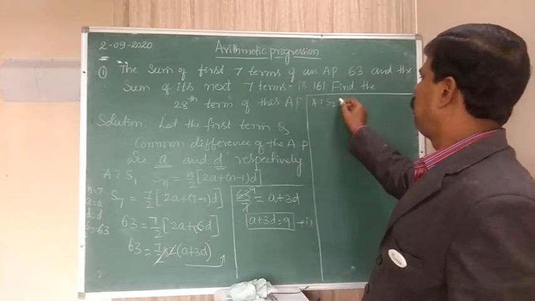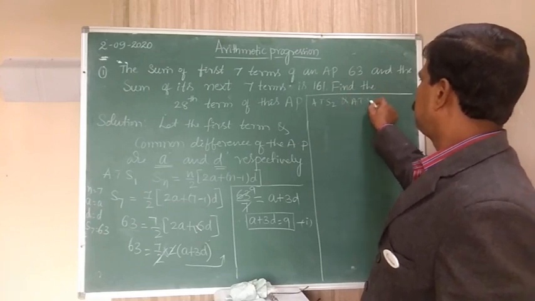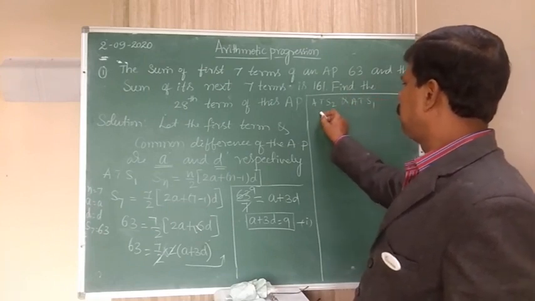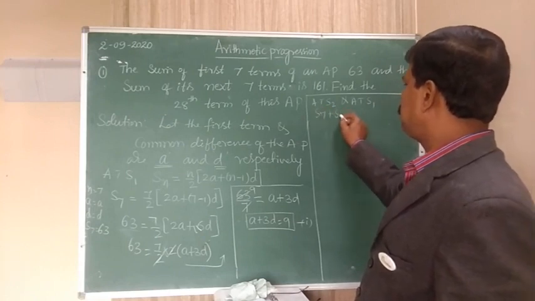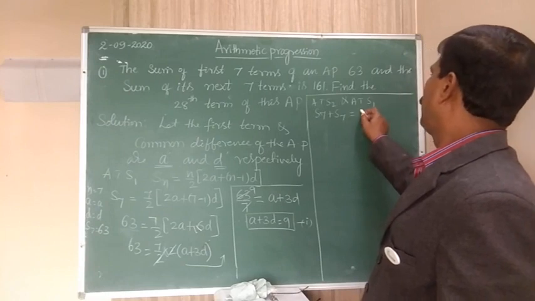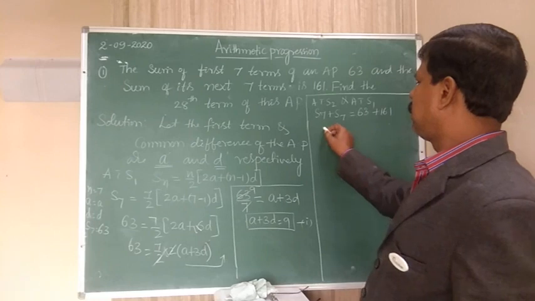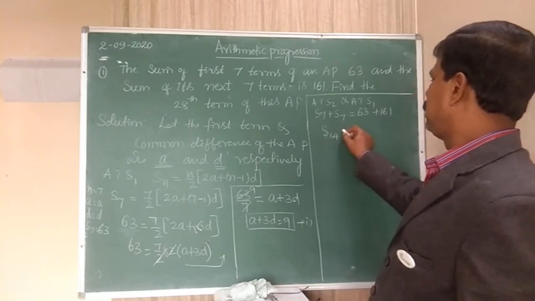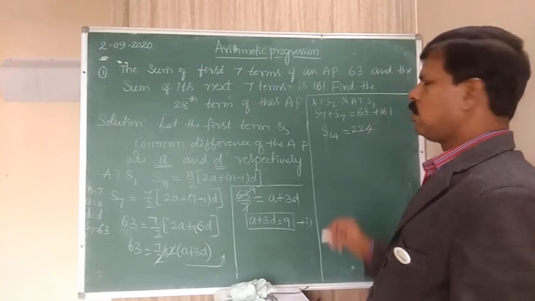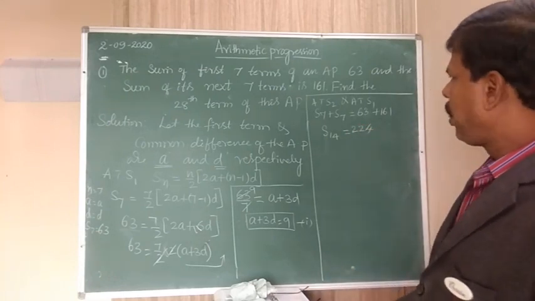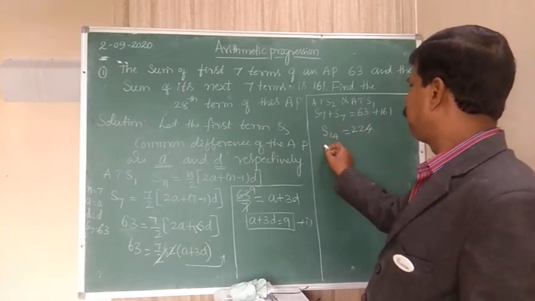So according to statement 2 and statement 1, S7 plus the next S7 is equal to 63 plus 161. That is S14 is equal to 224.